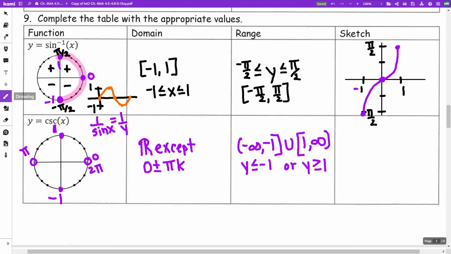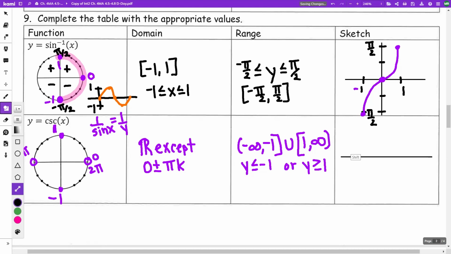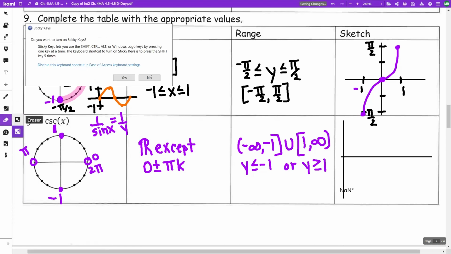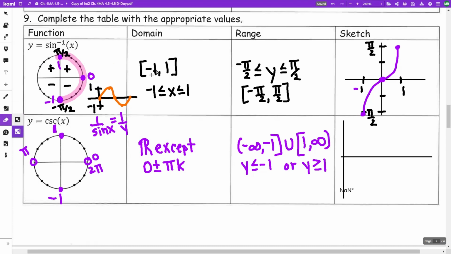Now, when I'm graphing this, I am going to be starting here where x is equal to 0.